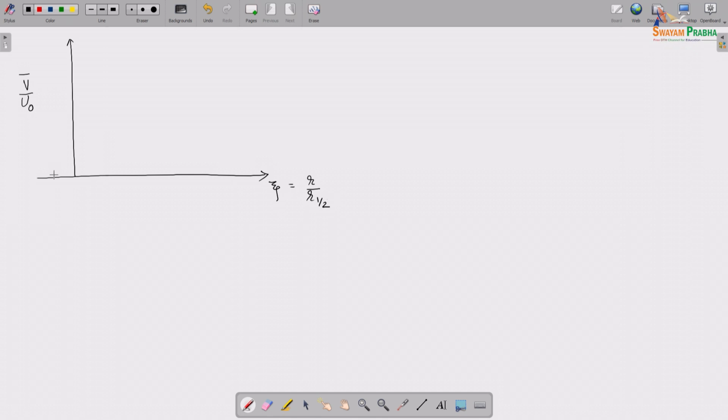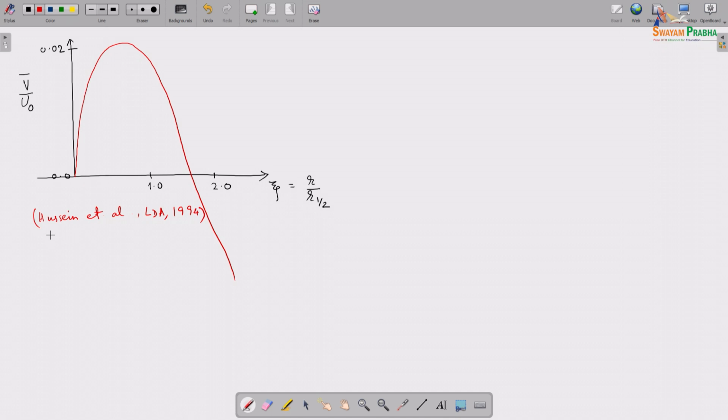Okay, so the plot we have is something like this. These are experimental results. Okay, so this is what it looks like.